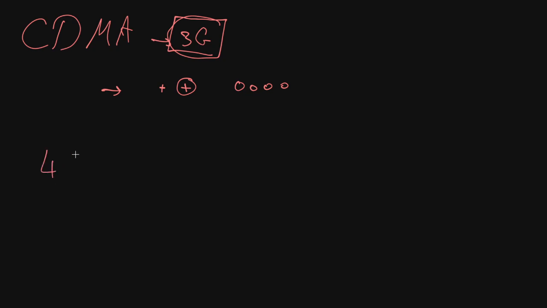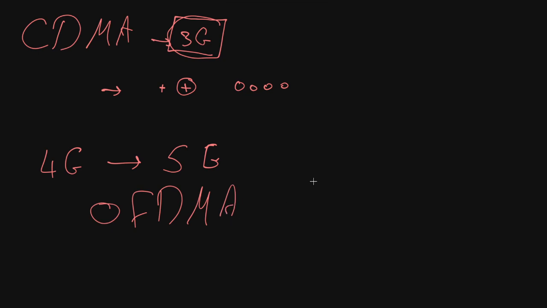Meanwhile, the 4G and 5G generations have what we call OFDMA. OFDMA has the ability to send over frequency, but here it's something called orthogonal. So it has polarity.